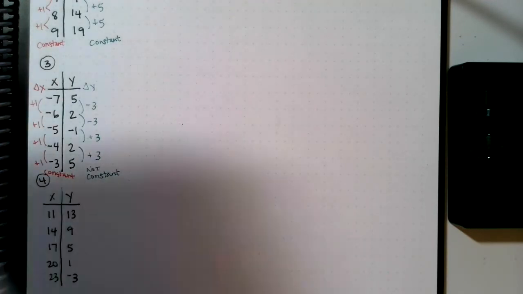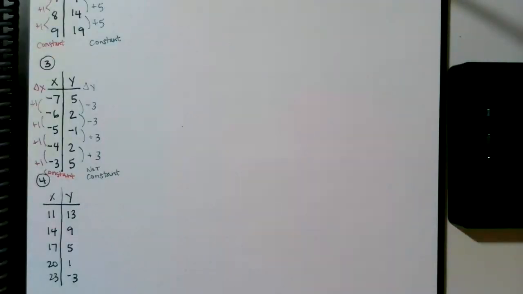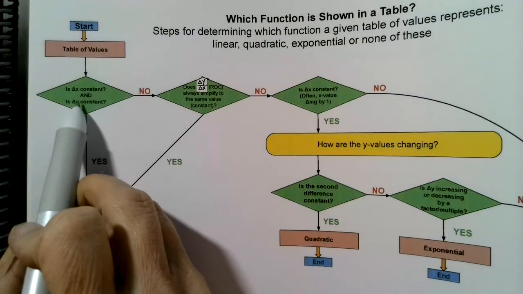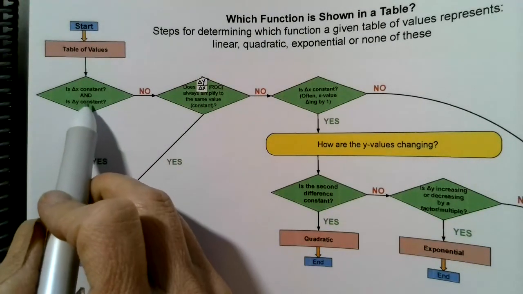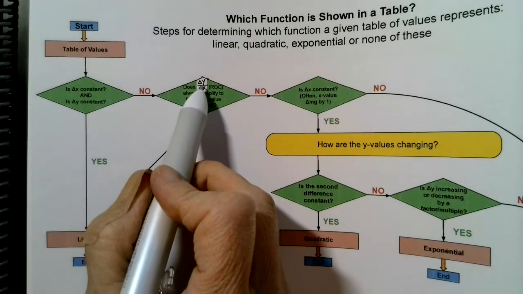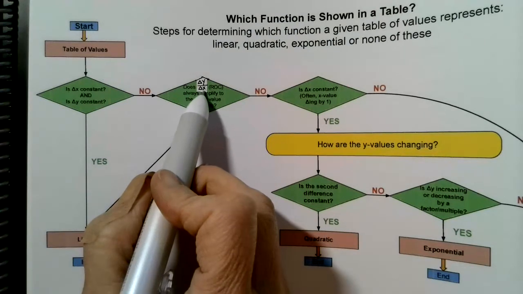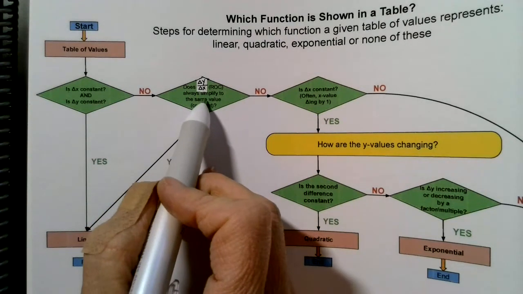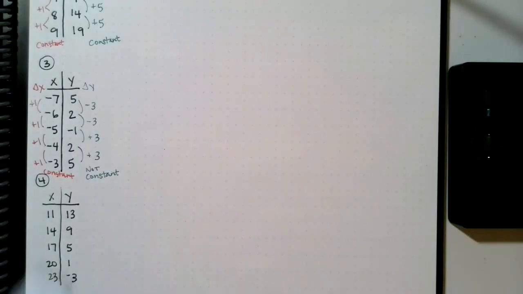So let's take a look at our flow chart. So change in Y and change in X is not constant. So we have to look here. And then we'd look, is the change in Y over the change in X, that ratio or the rate of change, does it always simplify to the same value, which is a constant?